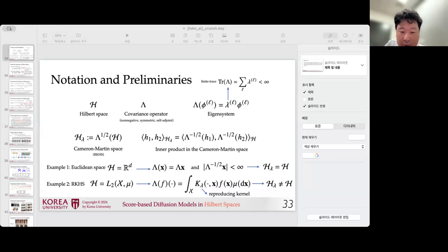Oh, I remember this paper. This paper also proposed training the score operator, and our theory is very similar to this kind of previous work. But our approach is based on score-based generative models, which requires the time reversal theory of SDEs in Hilbert spaces.